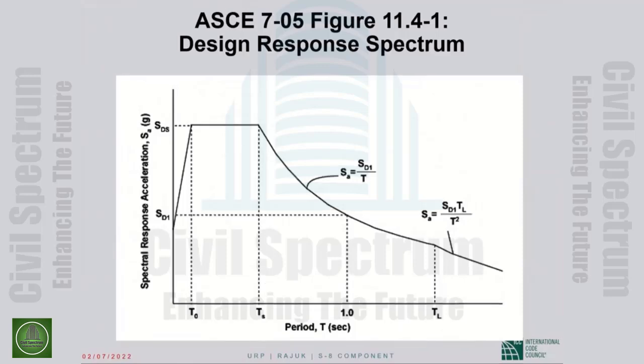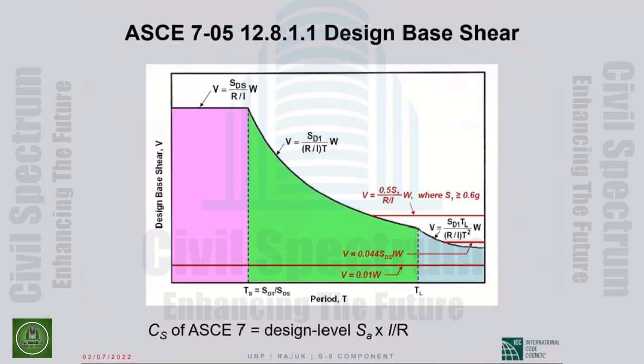Now, when we are using the equivalent static approach, we make a number of modifications to the elastic spectrum. First thing is we eliminate the ramp. The flat top is extended all the way back to 0 period. That's modification number 1. We make 4 modifications. One is this, elimination of the ramp.